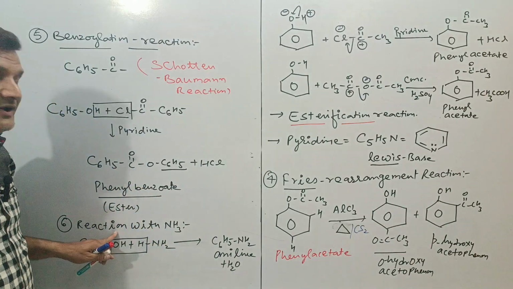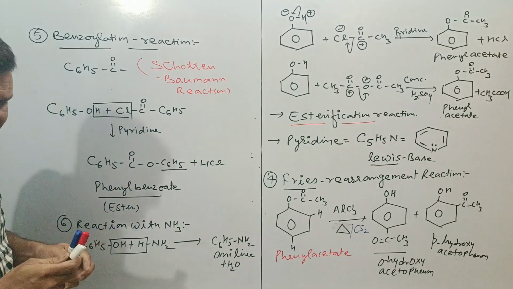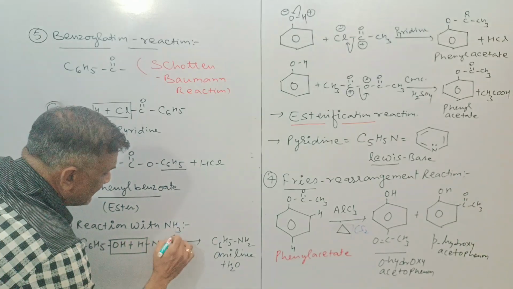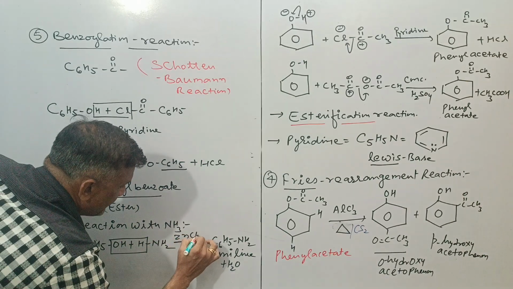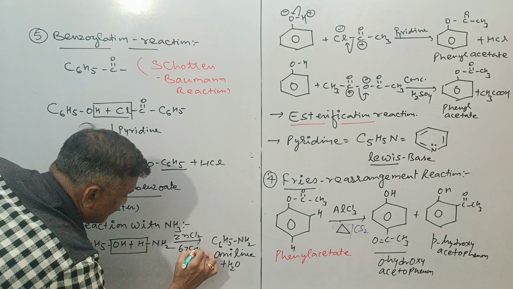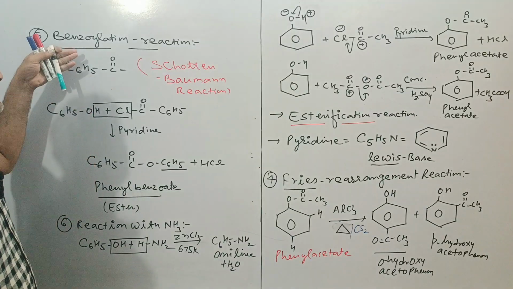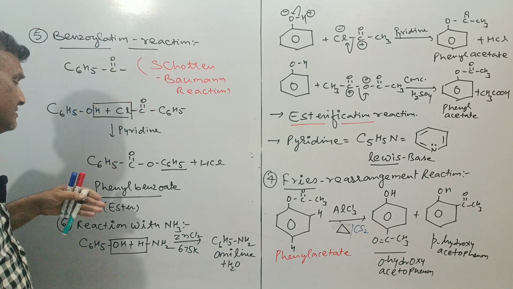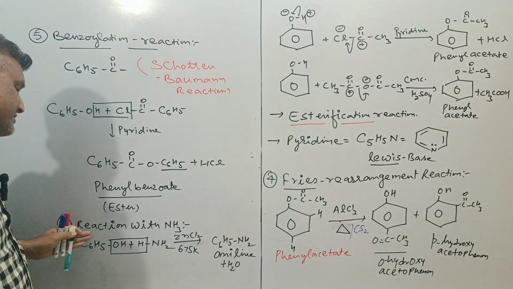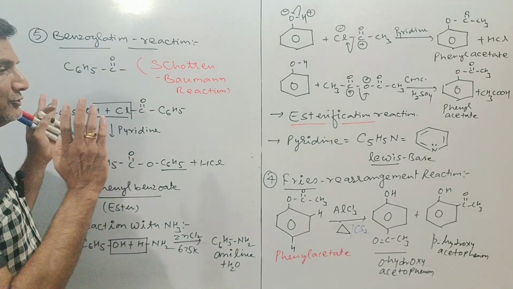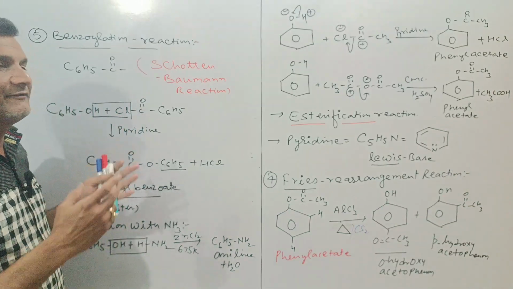In this reaction we can use an important reagent, ZnCl2, at a temperature of 675 Kelvin. So this was about benzoylation as the Schotten-Baumann reaction, and the next reaction is the reaction with NH3. Go through the matter properly. We'll go to the next slide.